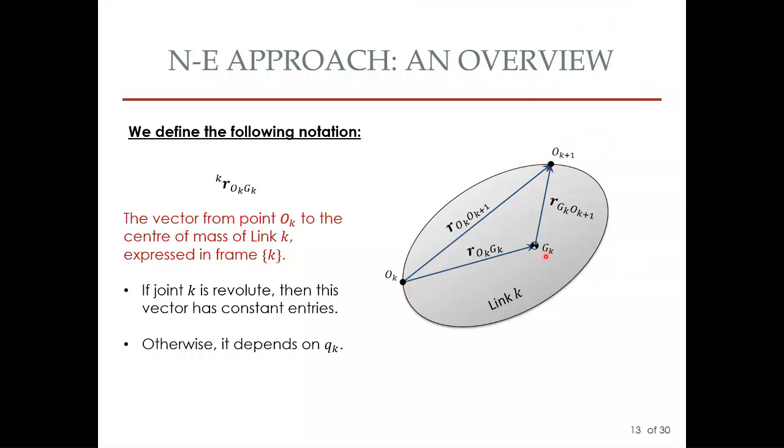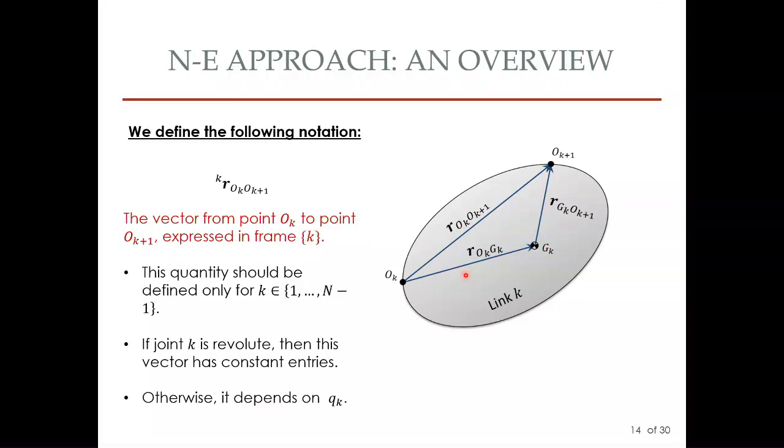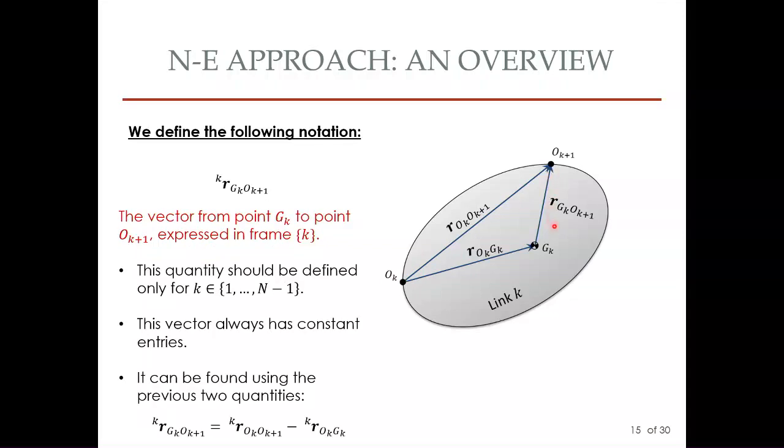So we need all these vectors essentially, from OK to GK, from OK to OK plus 1, and from GK to OK plus 1. So this, and this.